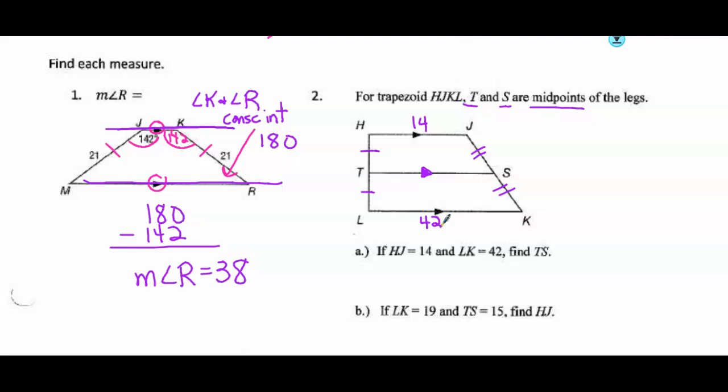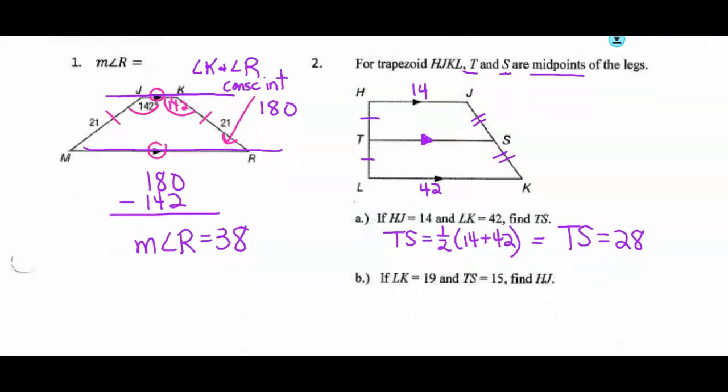Well, that's the theorem right above that says TS has to be 1/2 of 14 plus 42. And you just do that math problem and you get TS equals 28.